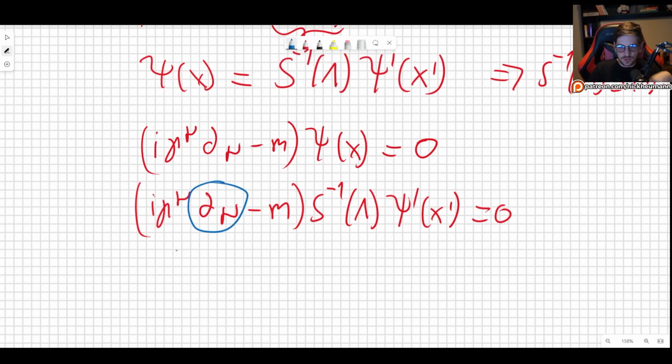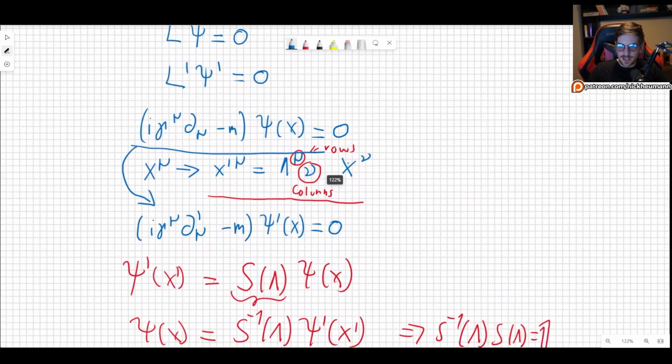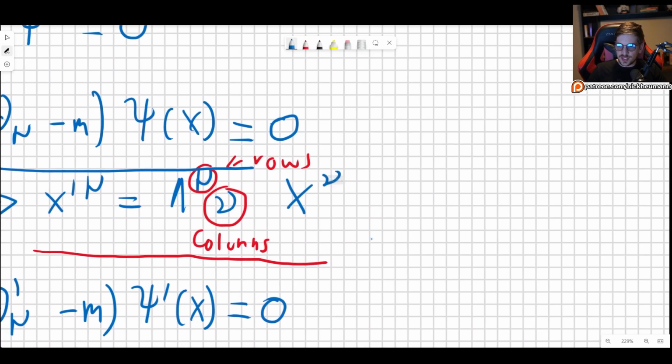Now this d_mu we can rewrite. We know what this d_mu is by definition: it is d/dx^mu. Keep in mind what we saw here, this relation right here. What happens if we take the derivative with respect to x^nu?